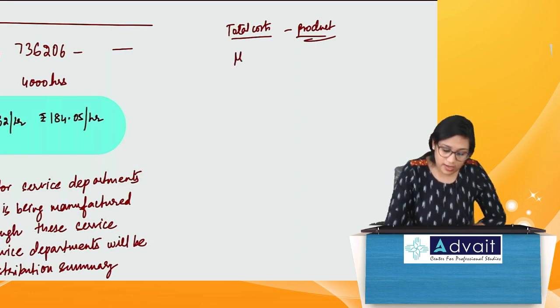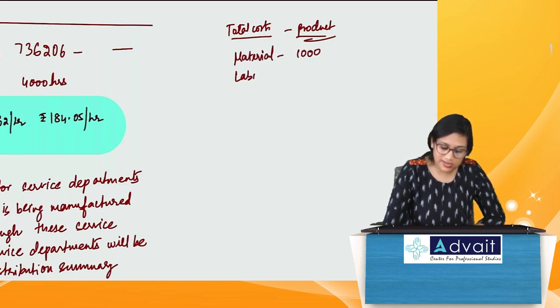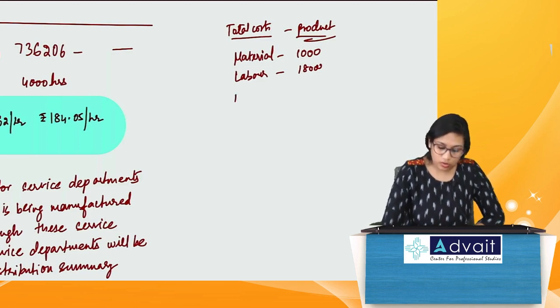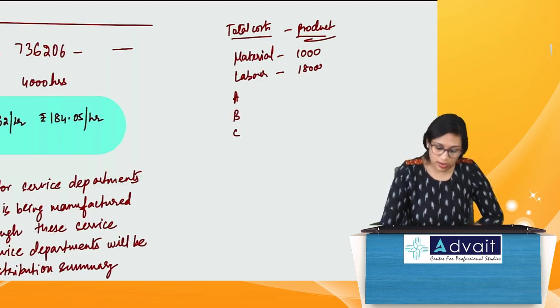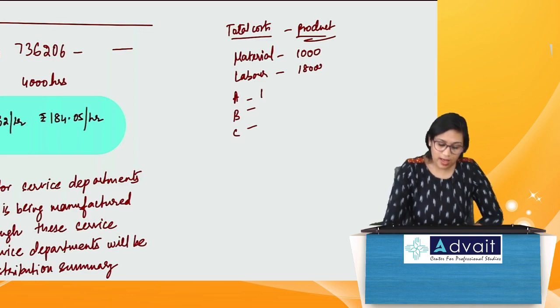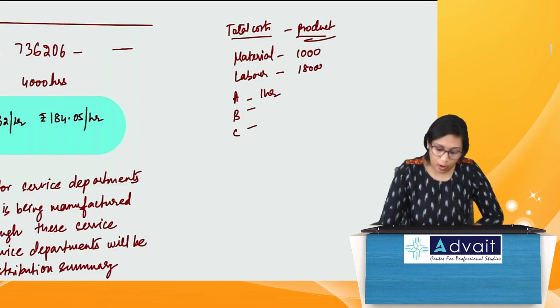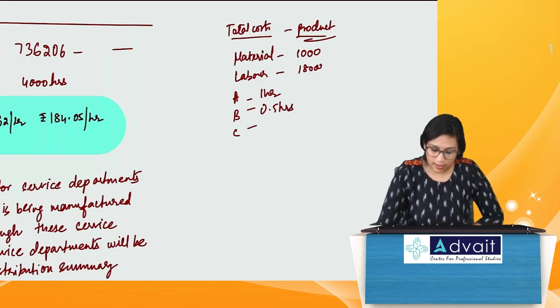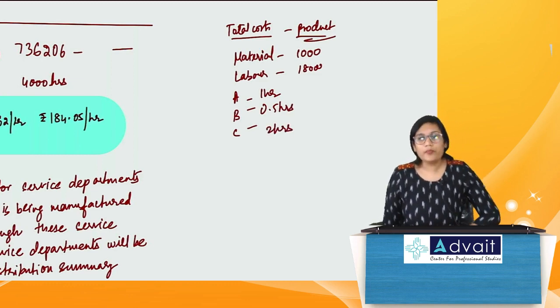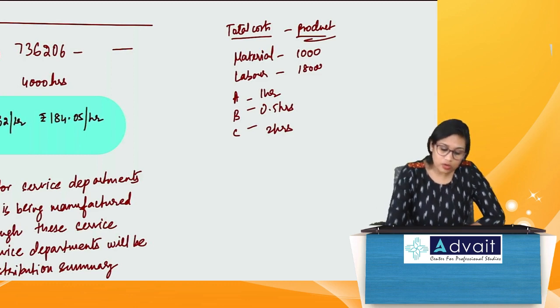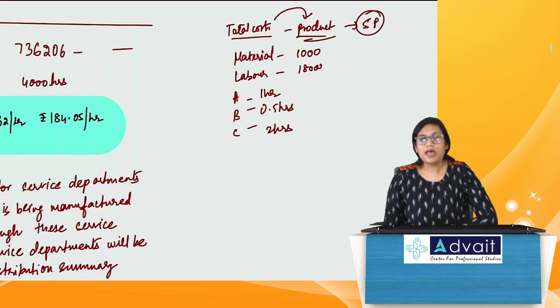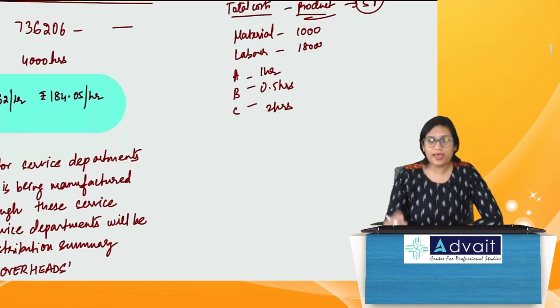Let's say the material cost is 1000 rupees, labor cost is 1800 rupees, and this particular product is passing through department A, B and C. It is spending 1 hour in department A, 0.5 hours in department B and 2 hours in department C. Now, if you were to calculate the total cost associated with this product and the selling price, how will you calculate? You will prepare the cost sheet.